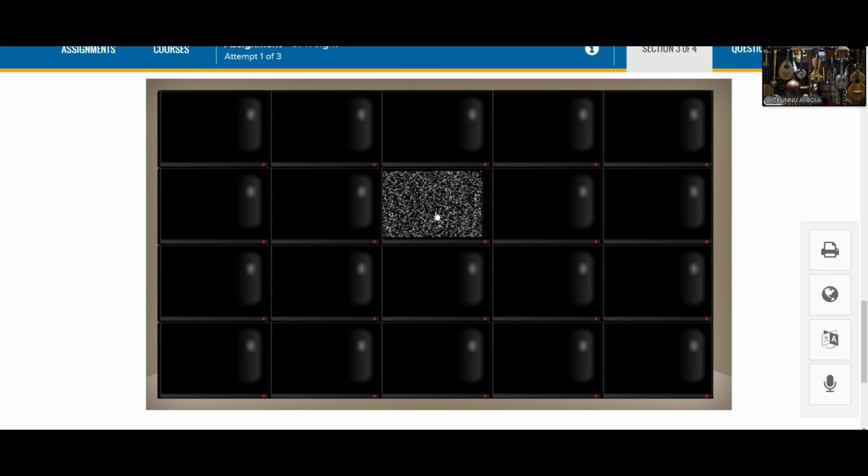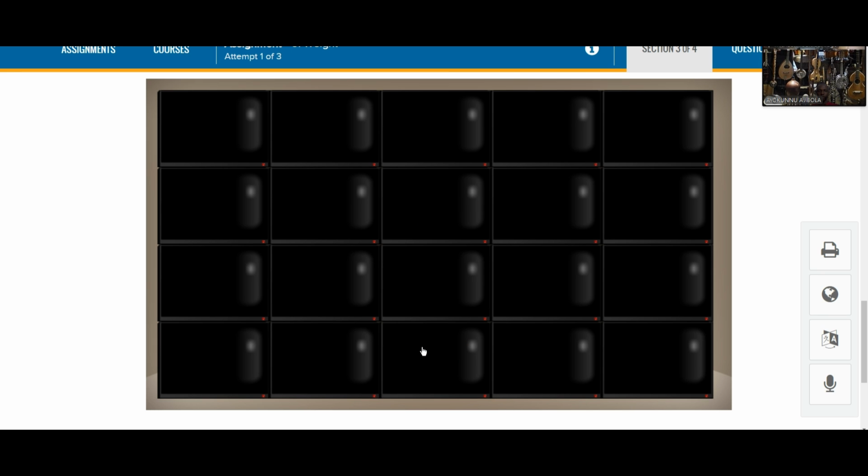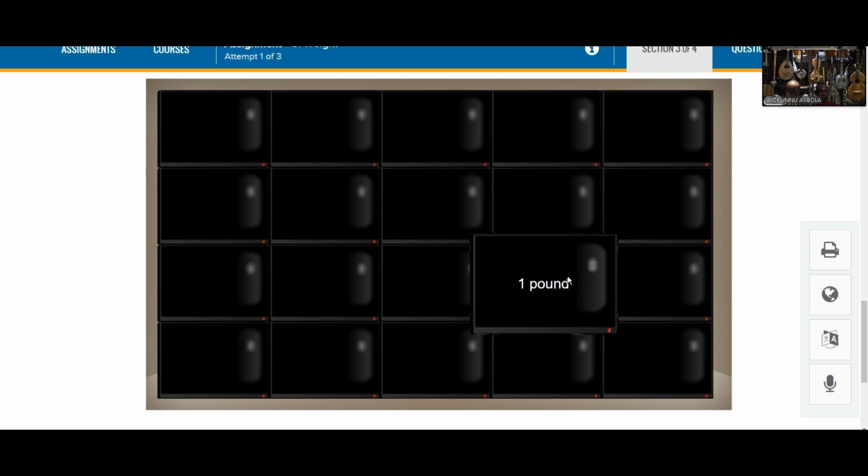So if I open this third space, let's say that's 5,000 pounds, right? Yes. Okay. Take note of that. So if I open one other, this one is 2 pounds 6 ounces. Okay. So if I open this, it's 1 pound. Is that clear? Yes.